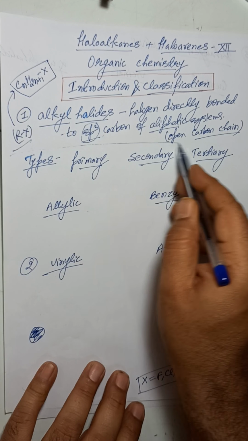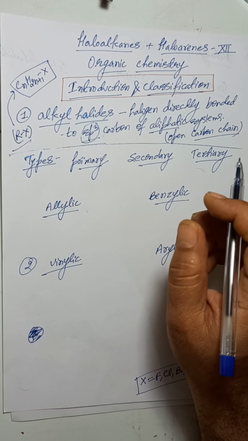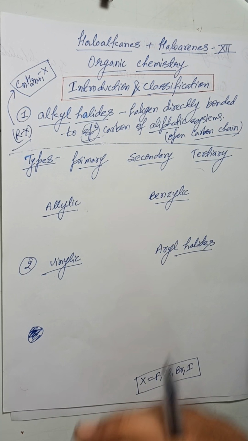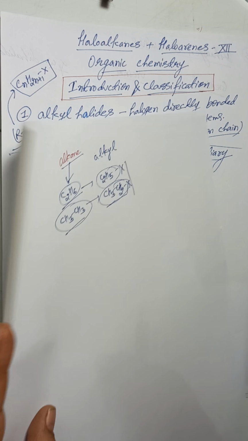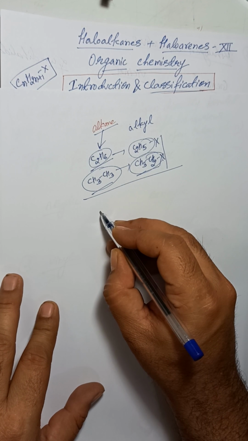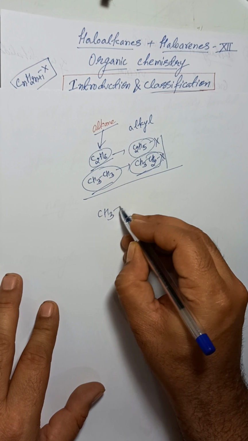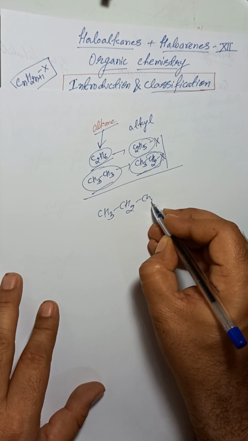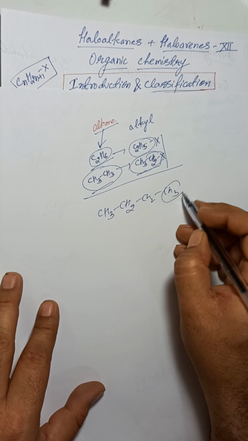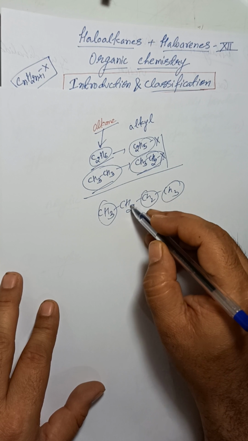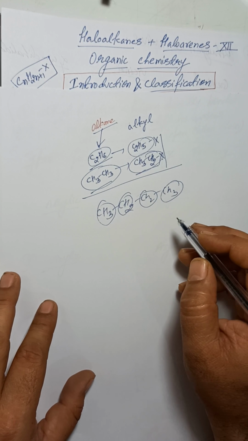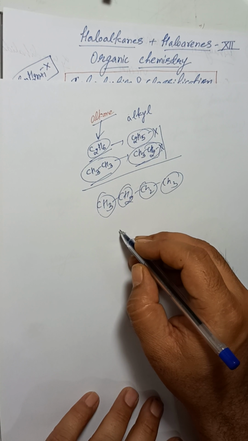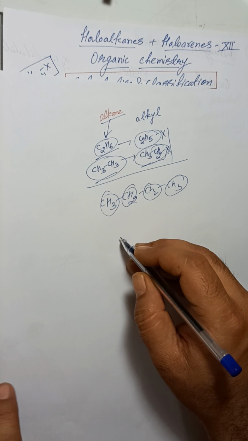So this is alkyl halide. We can think of any other alkane. We can remove these hydrogens and put the halogen anywhere. That would be called alkyl halide.